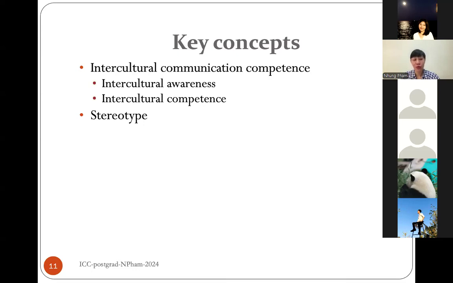Now, intercultural competence is much higher. It refers to the level or the status where people engaged in intercultural context can be both aware of cultural difference and also can function properly in accordance with their understanding or their awareness.